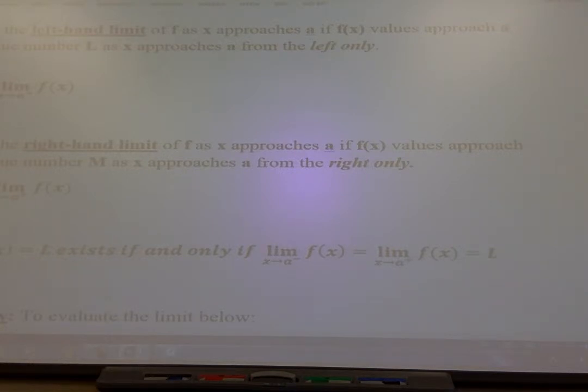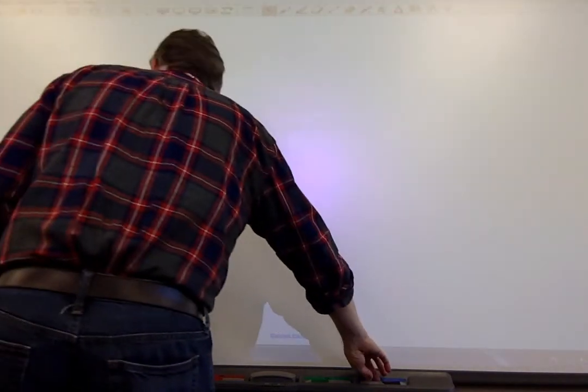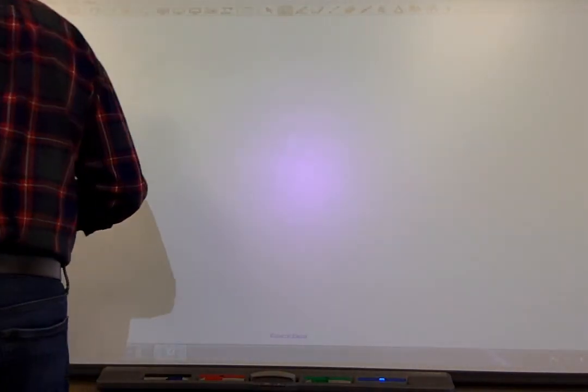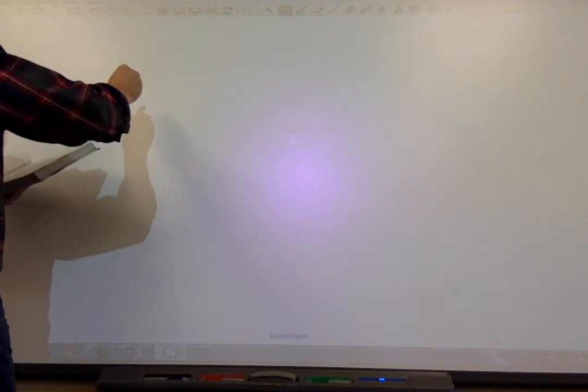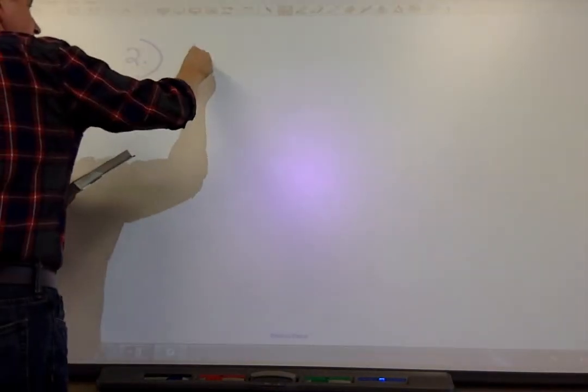So, just to get some of those in our heads, look at number 2 on page 126. And if everybody's got their book, I won't even try to draw these if you don't mind, because they'll be very ugly. Number 2, if you look at the graph in number 2, they want me to find the limit.